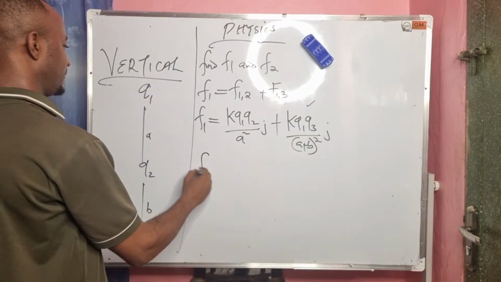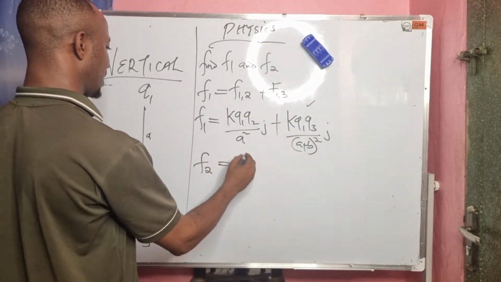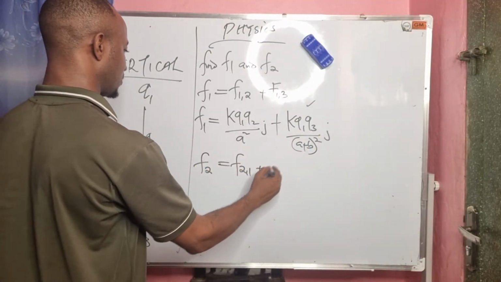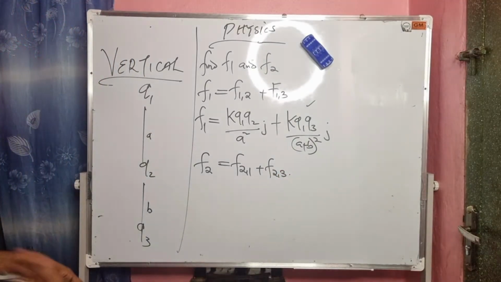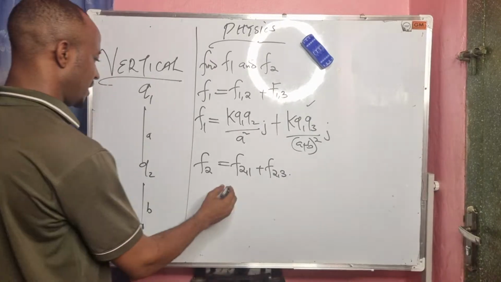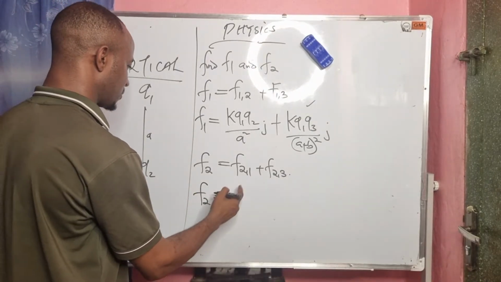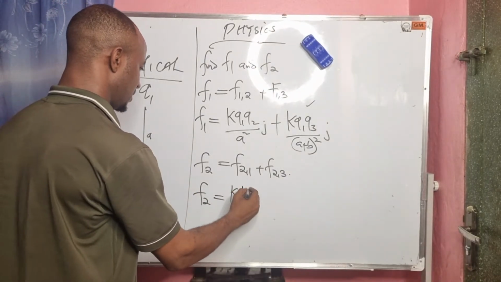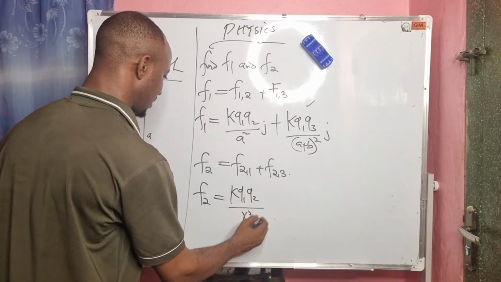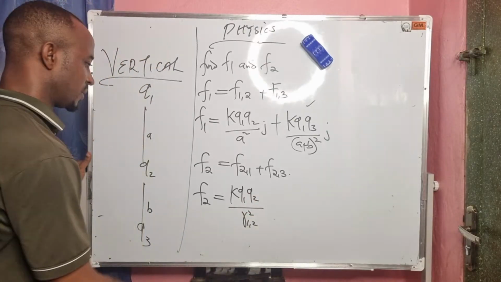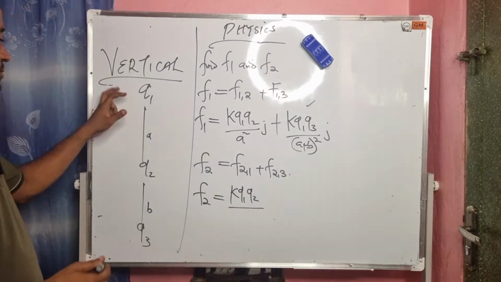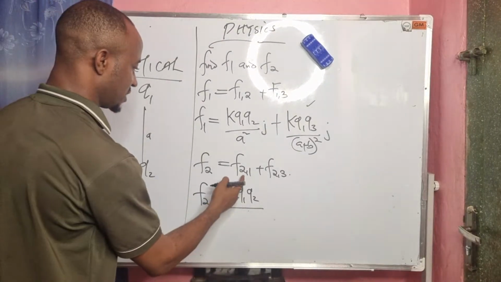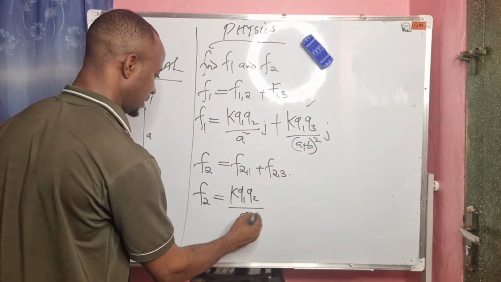If we have to find F2, F2 will be F21 plus F23. So our F2 will give us K Q1 Q2 over r squared for 1,2. Let's just go straight. Between charge 1 and charge 2 the distance is A, so A squared.